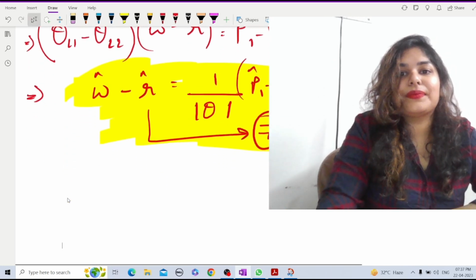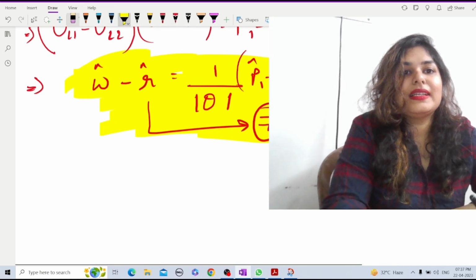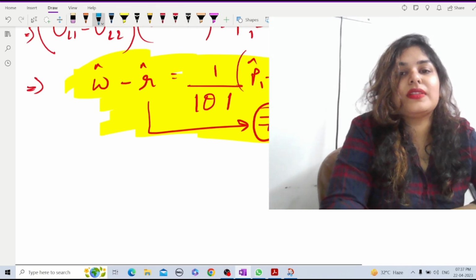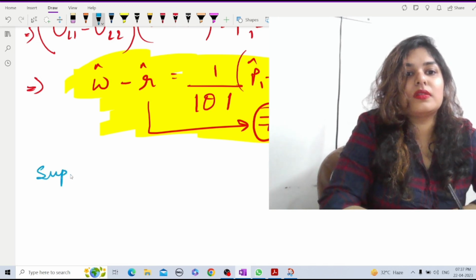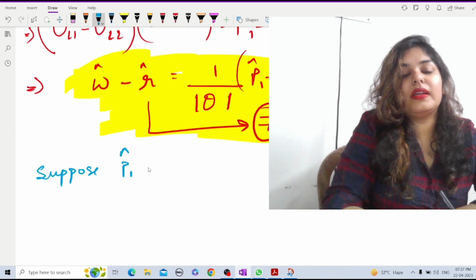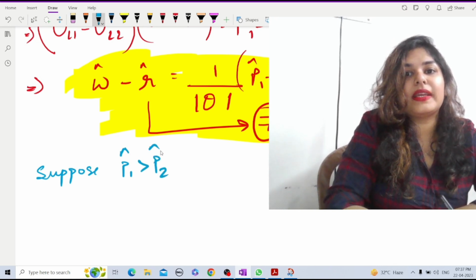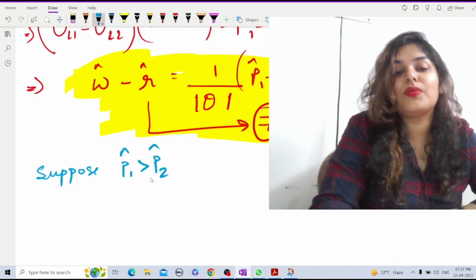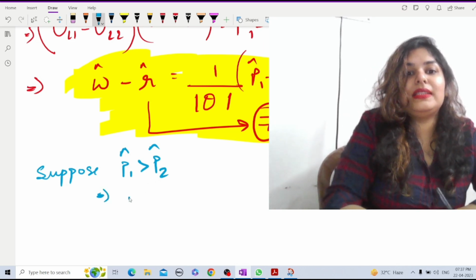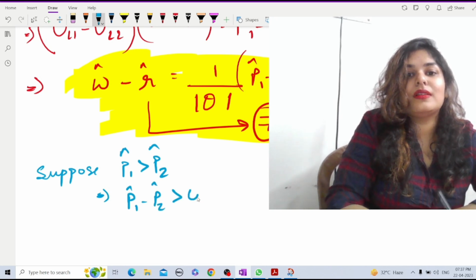See, we suppose that according to the Stolper-Samuelson theorem that we have assumed, the price of the first commodity is greater than the price of the second commodity. The change in the price of the first commodity is more than that of the second commodity, right? So this is clear that P1 hat minus P2 hat is greater than 0.